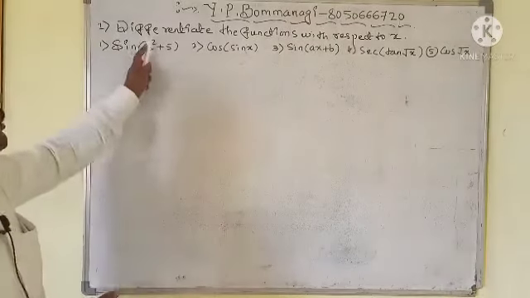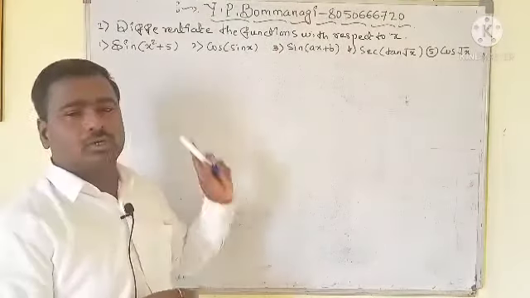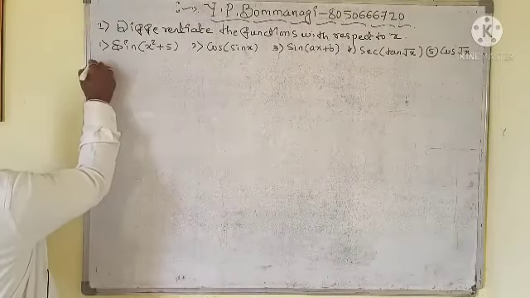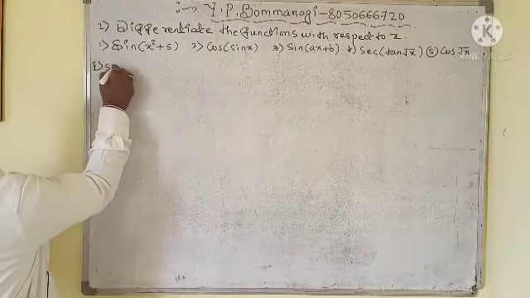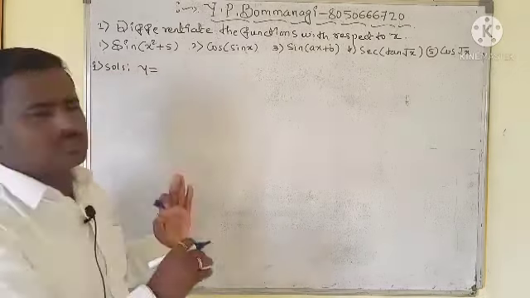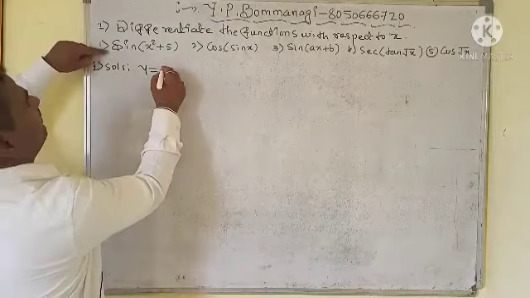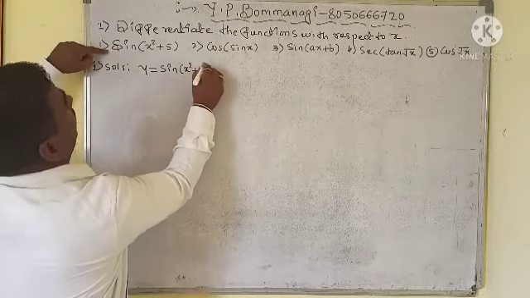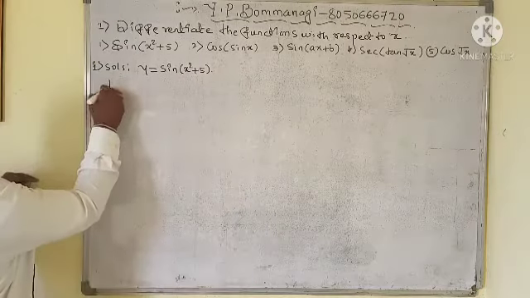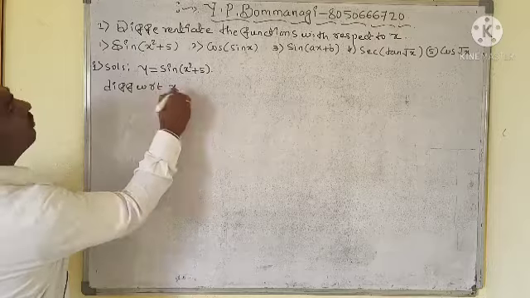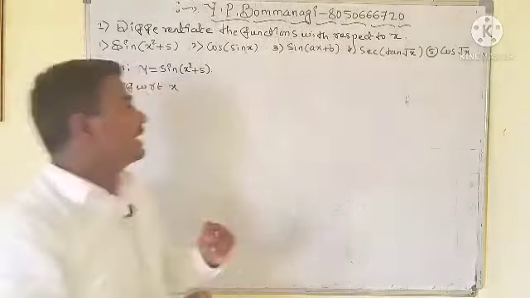Here, differentiate the function with respect to x. For the first one, the solution: y is equal to sine of x square plus 5, right? They have only asked with respect to x.